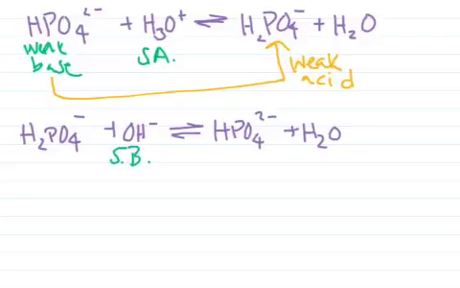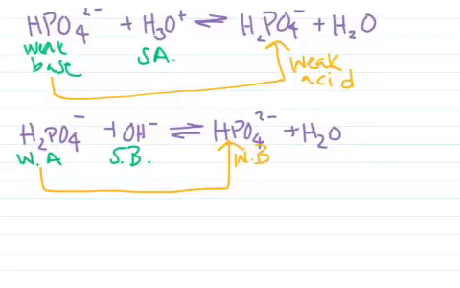Well, because we know H2PO4- is not one of our strong acids, it's going to be our weak acid. Then again, we look for our conjugate. So we have HPO4 2- as our conjugate. And because a weak acid needs a conjugate weak base, we know that this is our weak base.